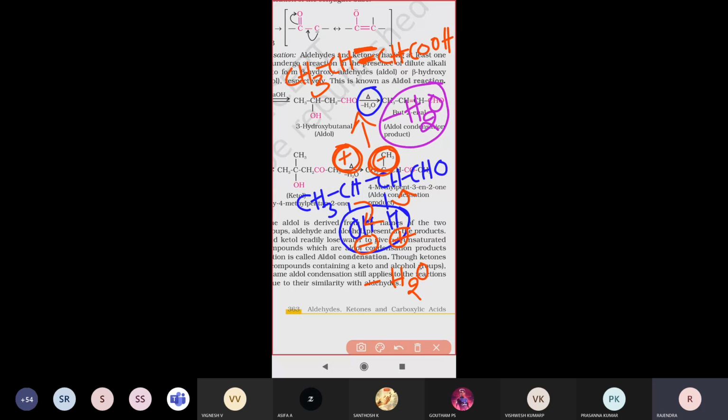So what is meant by aldol? Why are we calling it aldol? Just see, how many functional groups are present in this compound? Aldol, the name itself is there. How many functional groups are present in aldol?